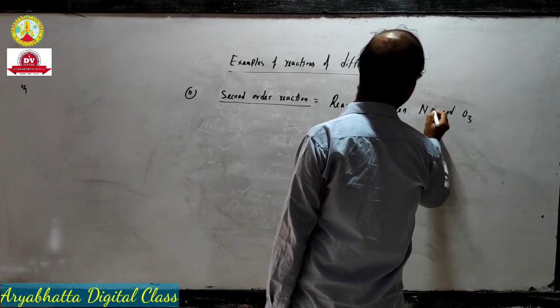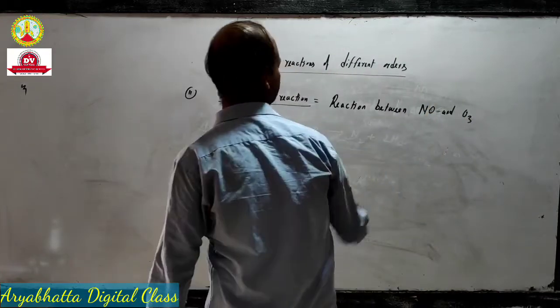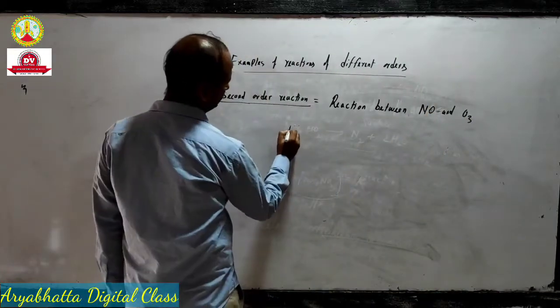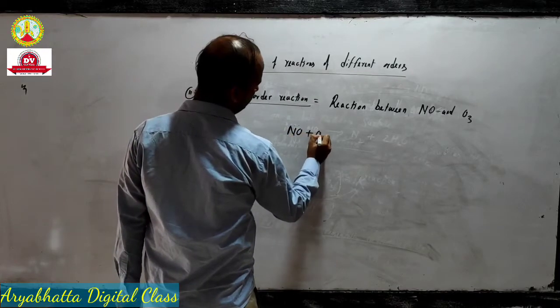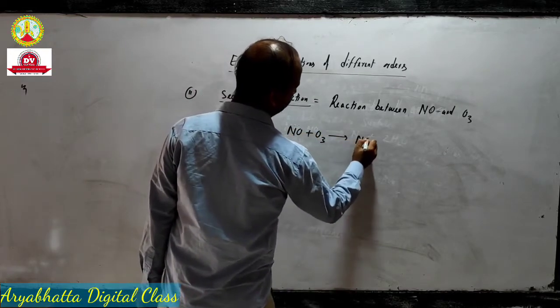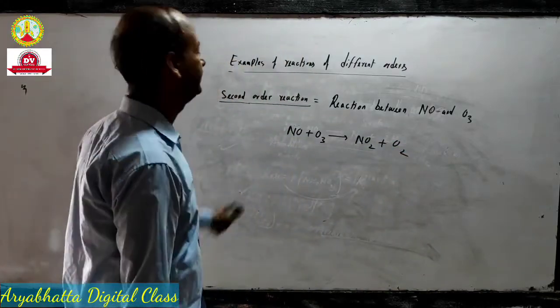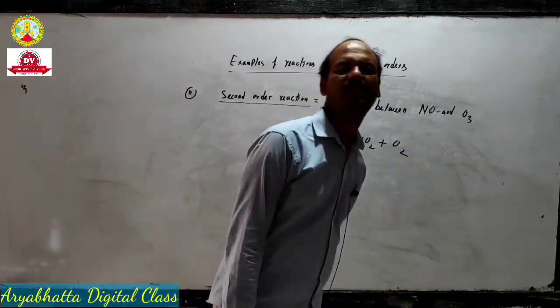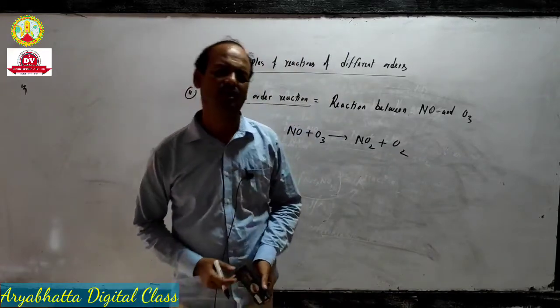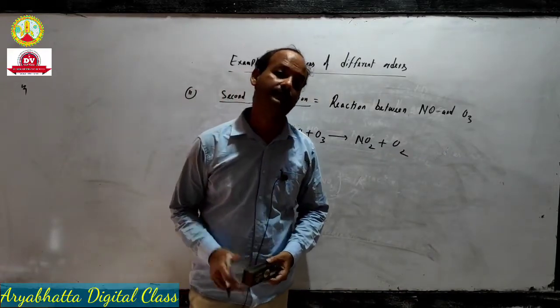This is nitric oxide and ozone. Now the reaction is this one: NO plus O3, you will get what? Nitrogen dioxide and oxygen. Clear? Reaction between nitric oxide and ozone is an example of second order reaction.